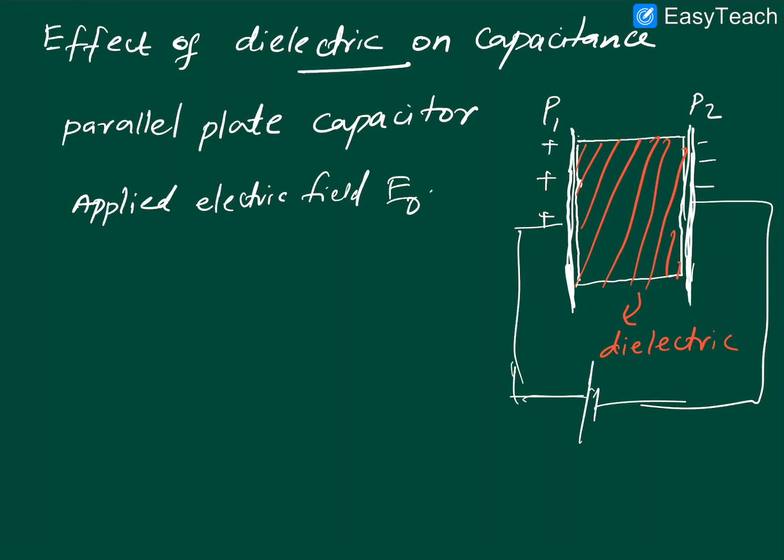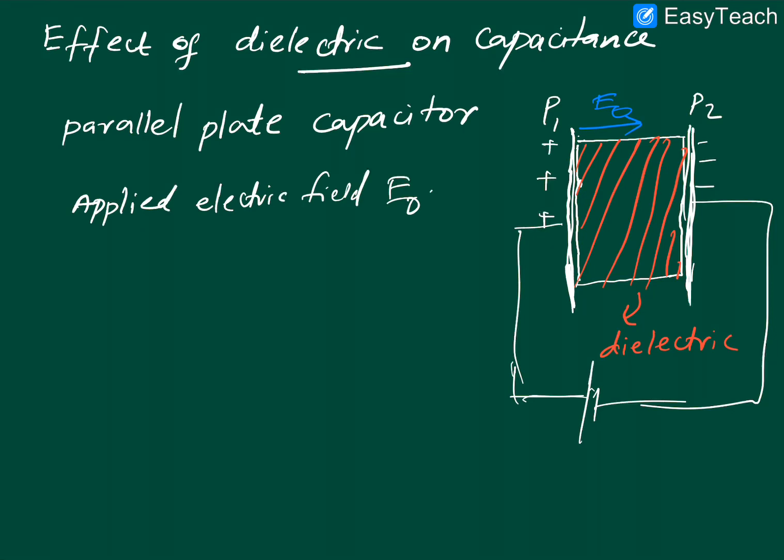Now you can see that E0 is acting in this direction, because electric field will always act from positive to negative, isn't it? Now you are placing your dielectric in this E0 electric field.